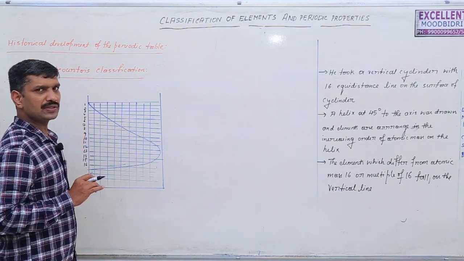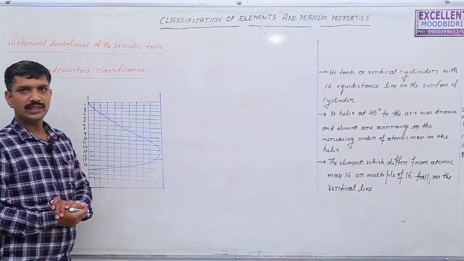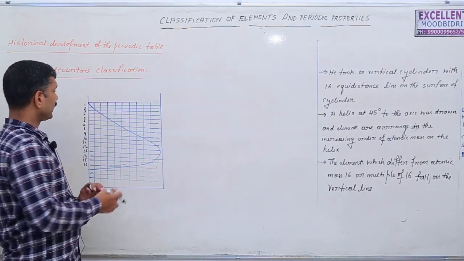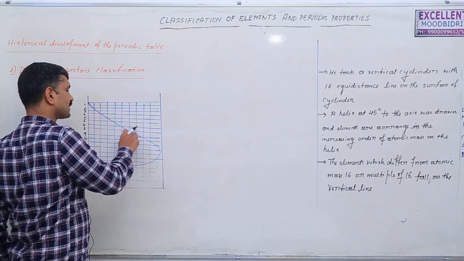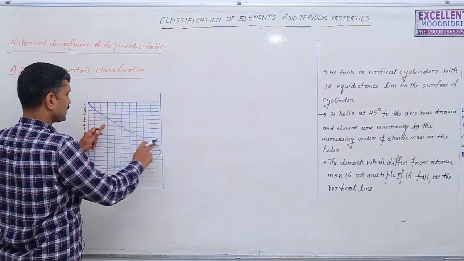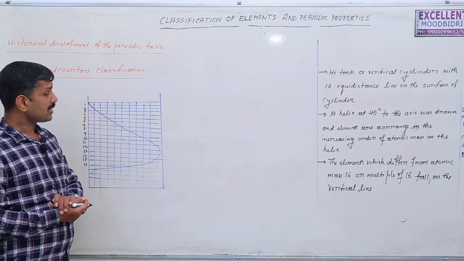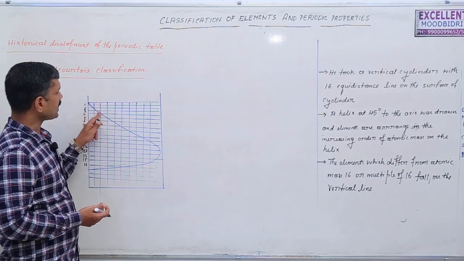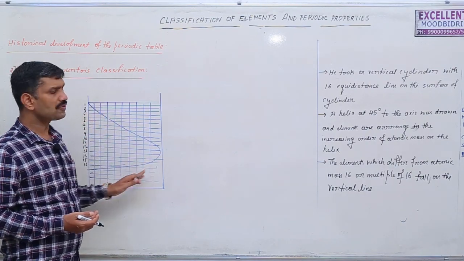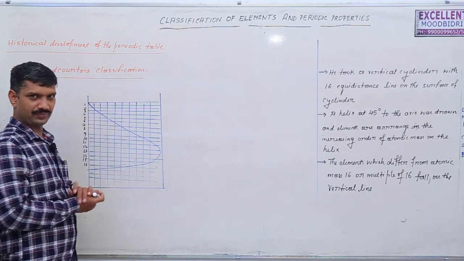Total 16 equidistant lines. Afterwards, he drew one helix at an angle of 45 degrees. Then the elements are arranged on the basis of atomic mass on the helix.